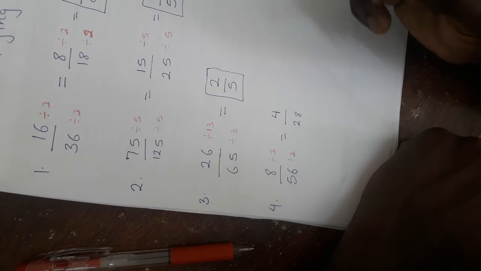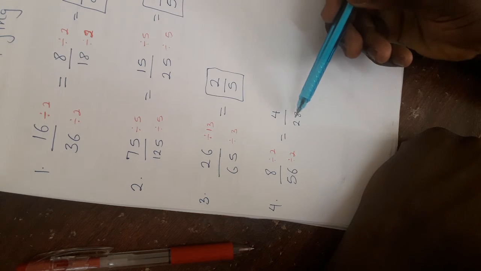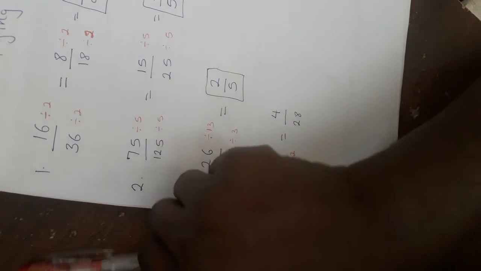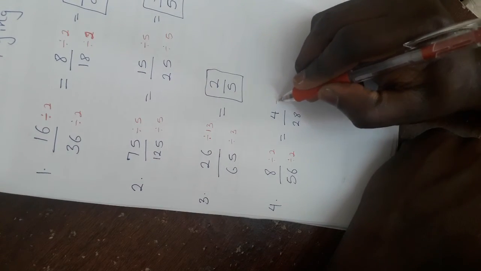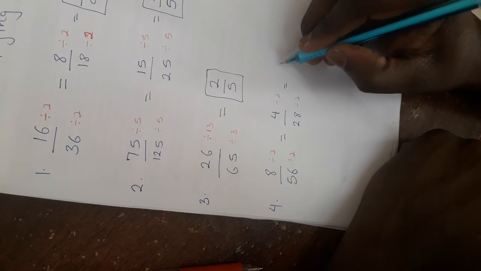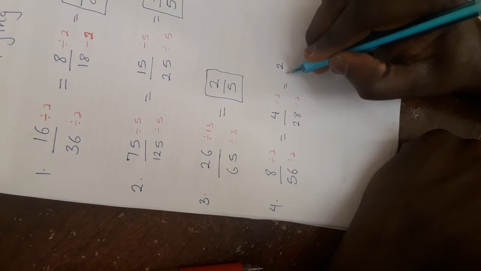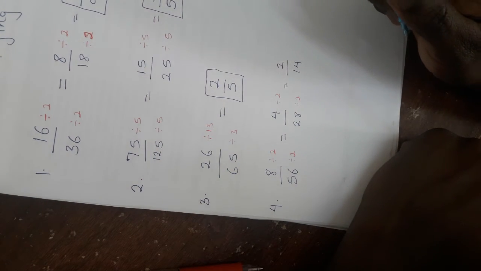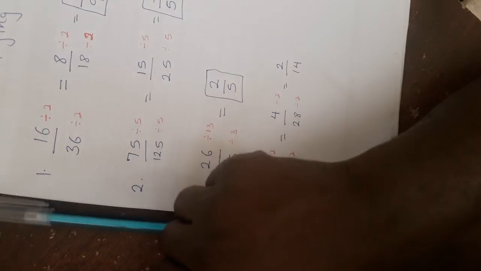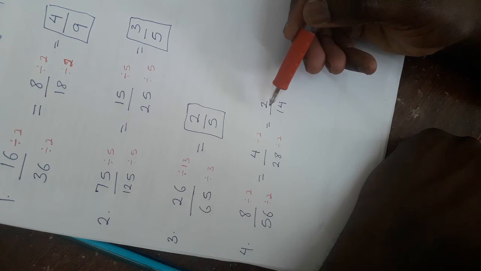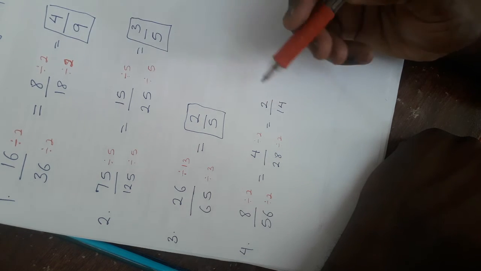Now I can divide further because both the numerator and the denominator are even numbers. So I can again divide by 2. 4 divided by 2 is 2, and 28 divided by 2 is 14. I can divide even further because I have an even number up and an even number down.